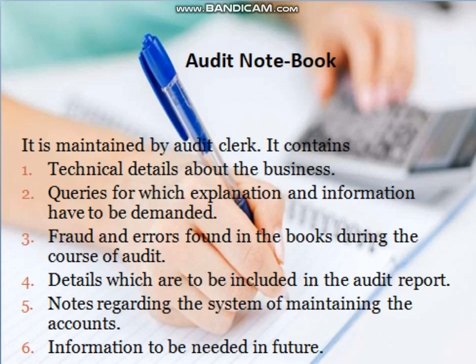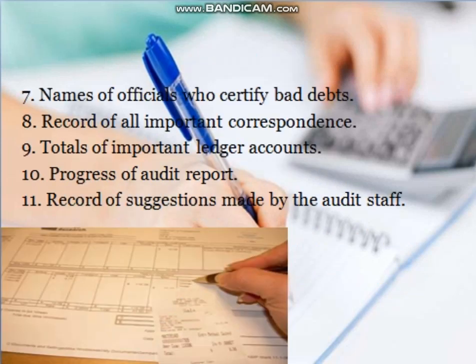It contains technical details about the business, queries for which explanations and information have been demanded, frauds and errors found in the books during the course of audit, details which are to be included in the audit report, notes regarding the system of maintaining the accounts, information needed in future, names of officials who certify bad debts, record of all important correspondence, totals of important ledger accounts, progress of audit report, a record of suggestions made by audit staff.